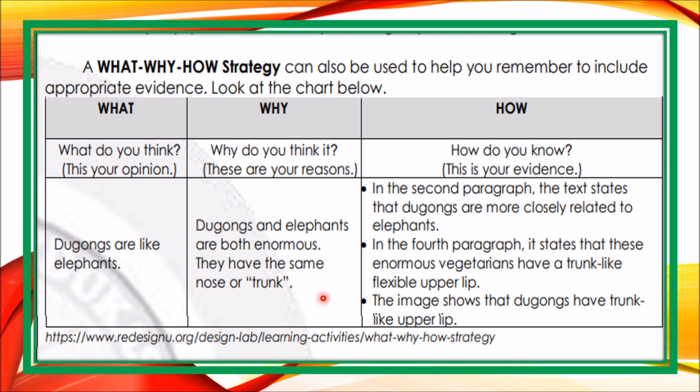Then show your evidences. As you can see in the second paragraph, the text states that dugongs are more closely related to elephants. In the fourth paragraph, it states that these enormous vegetarians have a trunk-like, flexible upper lip. And the image shows that dugongs have a trunk-like upper lip. So these are the evidences from the passage.